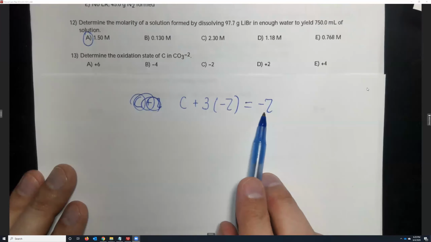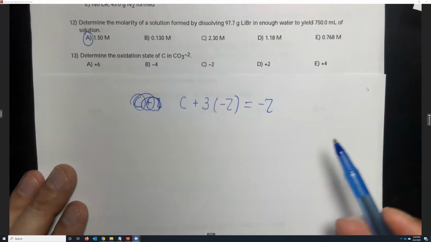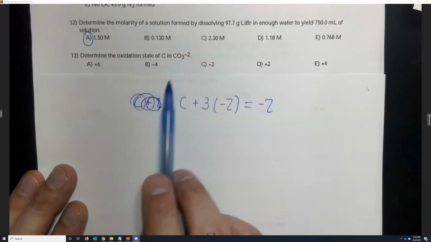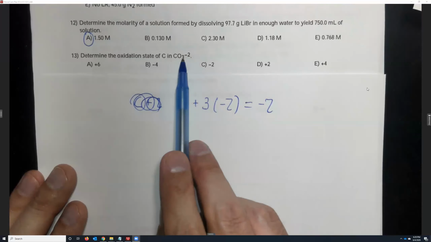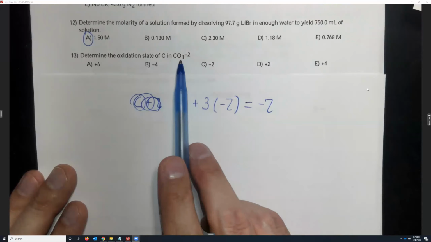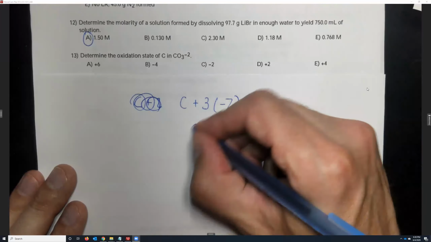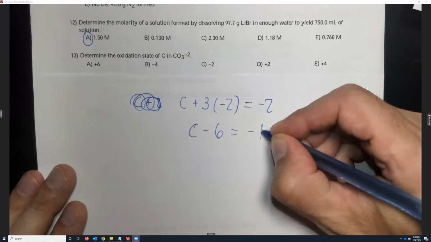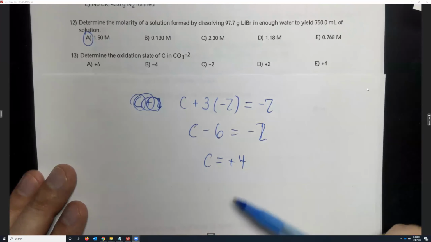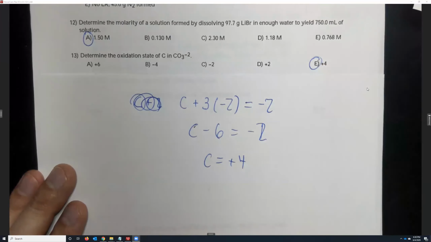This is very similar to how you found the charge on the metal for transition metal compounds, so you could put the Roman numeral in. It's the same idea, all right? So carbon plus 3 times minus 2, the oxidation state of oxygen, it's called oxidation state, so you have to know oxygen, equals minus 2. Carbon minus 6 equals minus 2, and carbon equals plus 4, which is probably the most common oxidation state of carbon, but it's not always. So that's basically that.